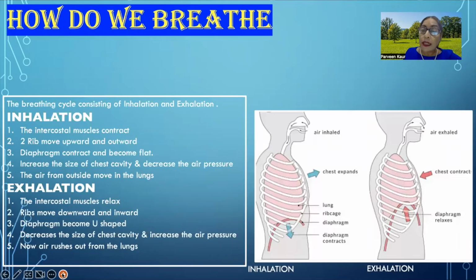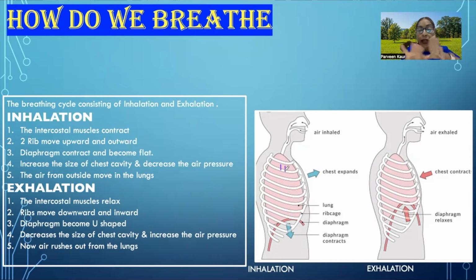How do we breathe? One cycle of breathing involves inhalation and exhalation. Now what is happening in inhalation? In this diagram you can see in between the ribs, they have the intercostal muscles. These contract. Ribs move upward and outward.